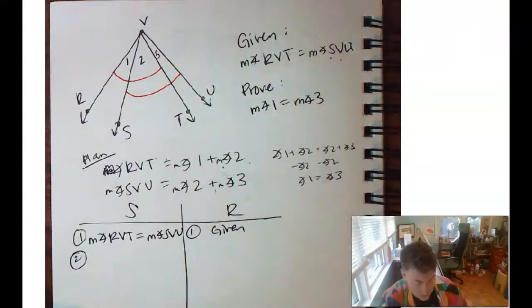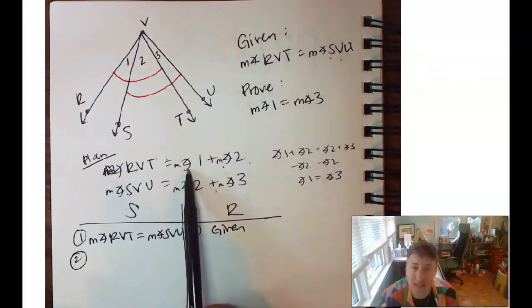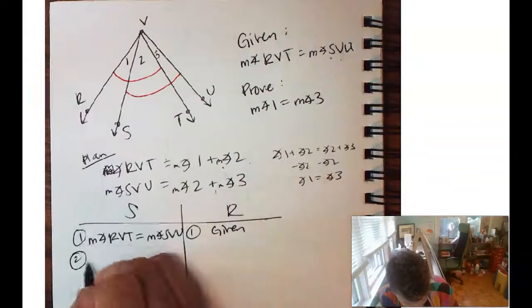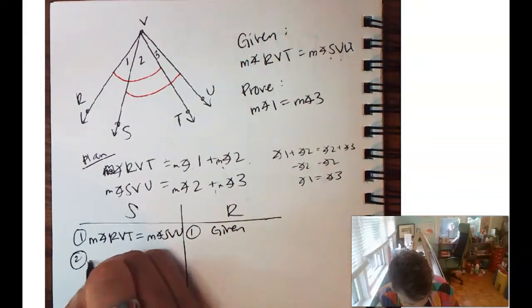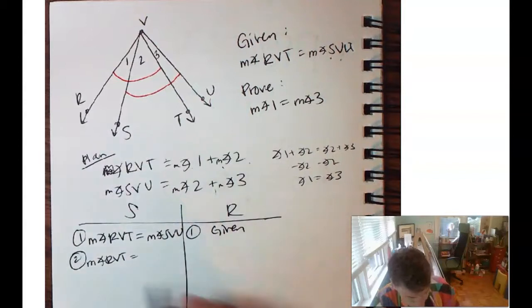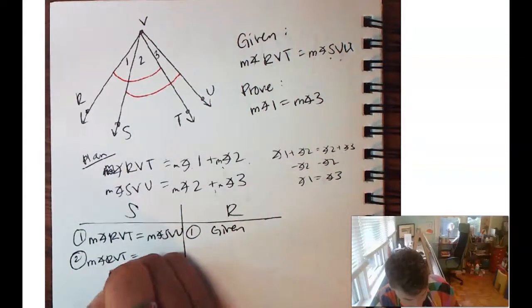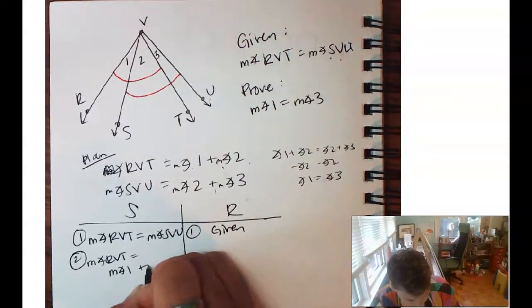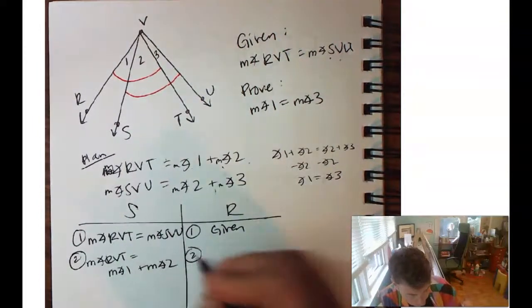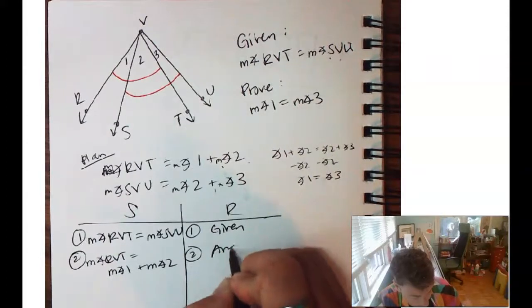Second thing we did, we wrote out the angle addition for both of these angles. So the measure of angle RVT is equal to the measure of angle 1 plus the measure of angle 2. Sorry, I squashed those up there a little bit too much. That was angle addition.